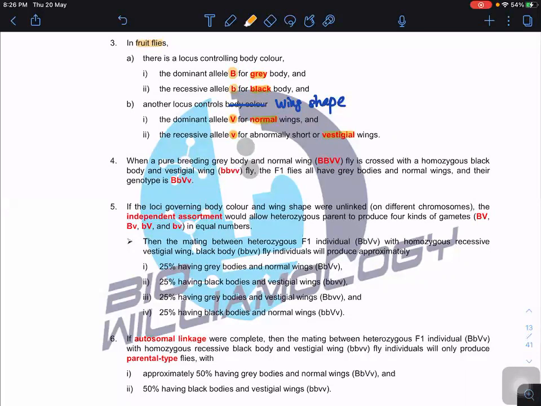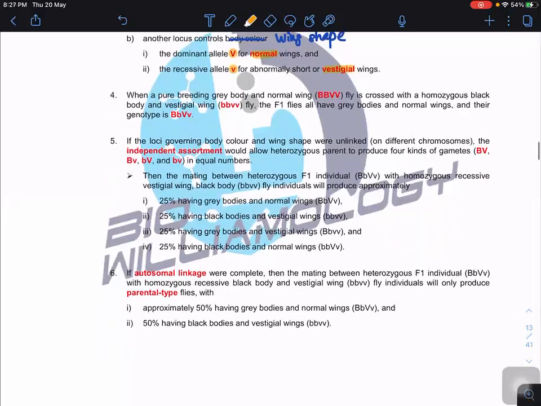Okay, so if I start with a pure breeding gray body, normal wing, pure breeding basically means homozygous, so big B, big B, big V, big V, and cross with homozygous black body, vestigial wing, small b, small b, small v, small v, the F1, no problem, will have the gray body and normal wings.